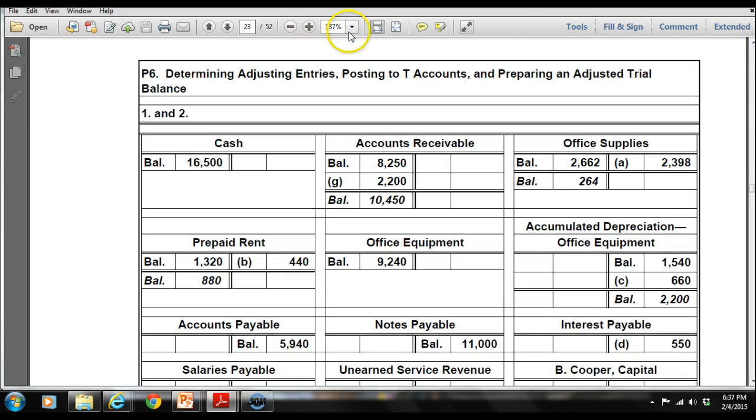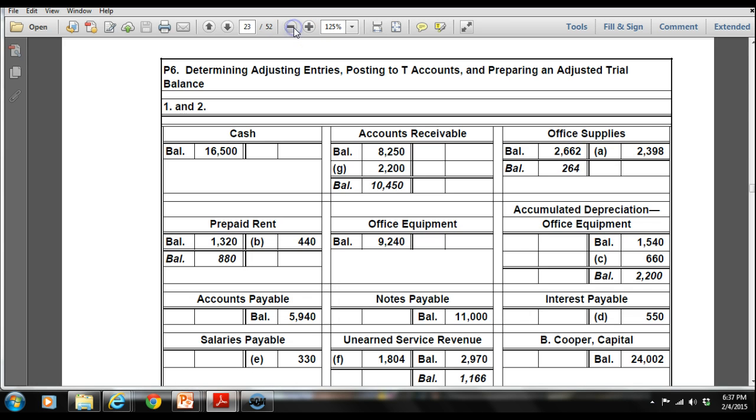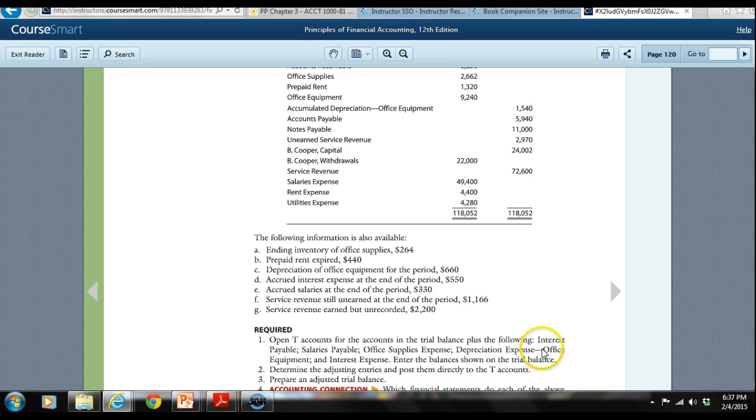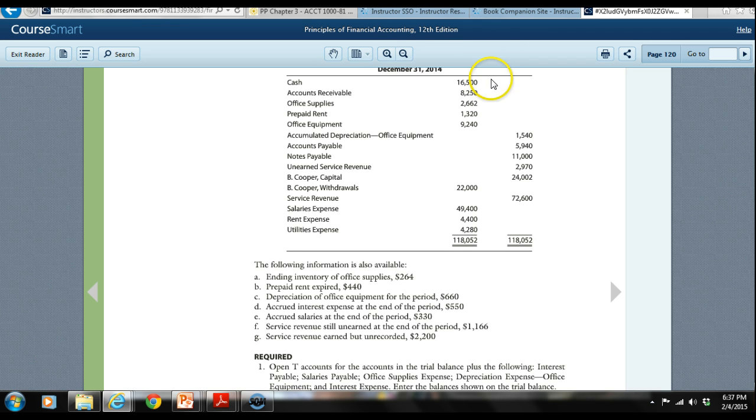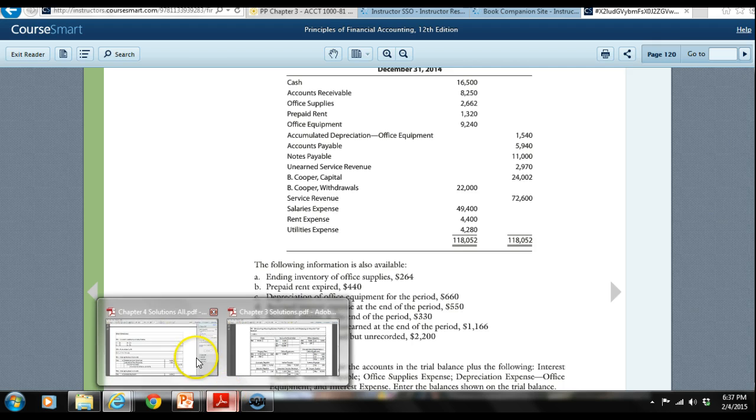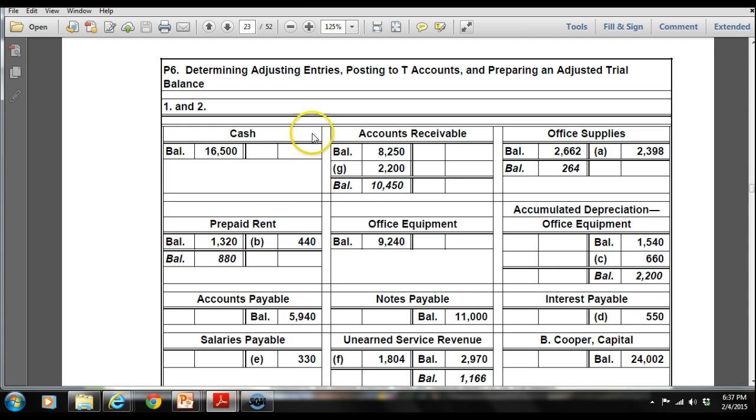Remember, they told us to start with cash. So if we go and we look in our book at this trial balance, do you see how cash began with $16,500? So we're going to just go and show, just as a T, a balance of a debit, $16,500.